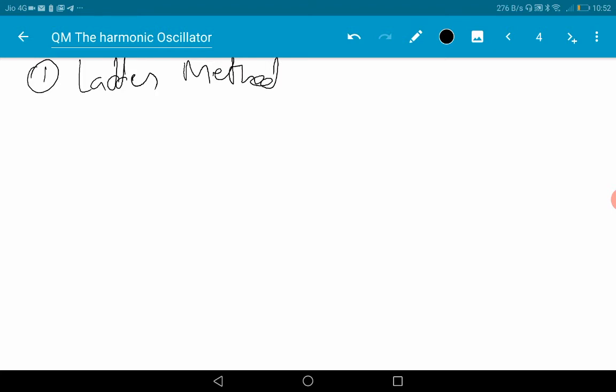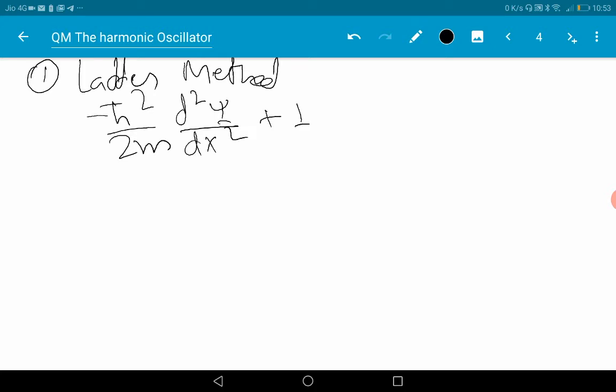So what we'll do is rewrite the Schrodinger equation. Remember the Schrodinger equation, this one, plus half m omega squared x squared psi equals E psi. This is our Schrodinger equation, and we will rewrite this by taking 1 by 2m common.